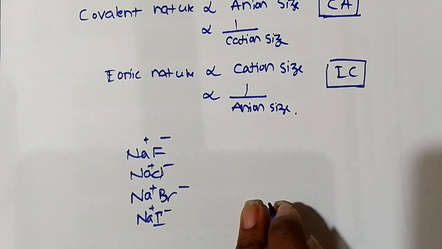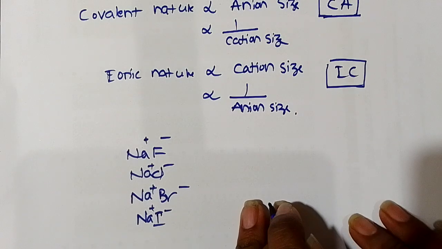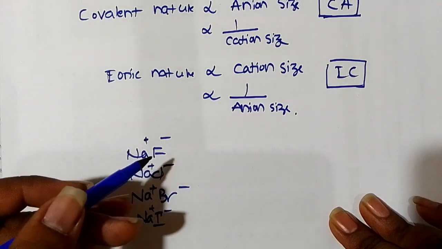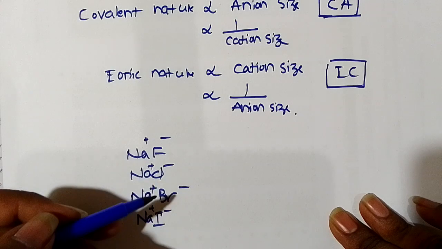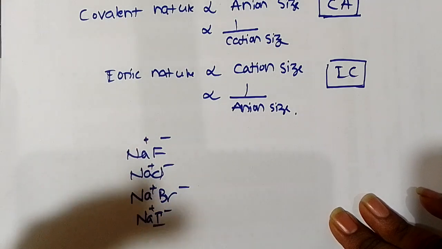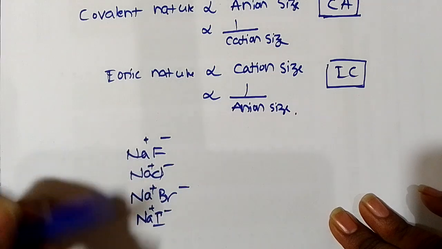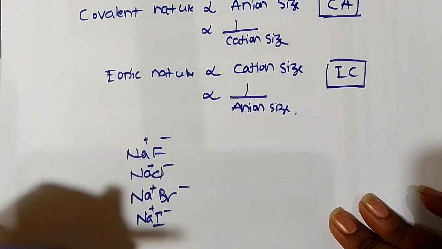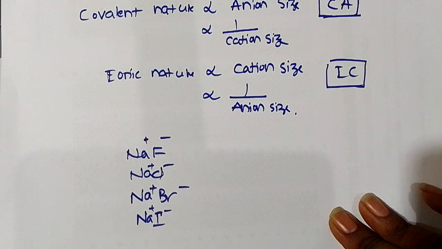Now covalent nature is directly proportional to the size of the anion. Now we see the size of the anions: fluorine, chlorine, bromine, iodine. These belong to the 7A group elements, and you already know that when we move from top to bottom, the size of the elements increases. Now the size of the anions increases. Which one has the larger anion size?